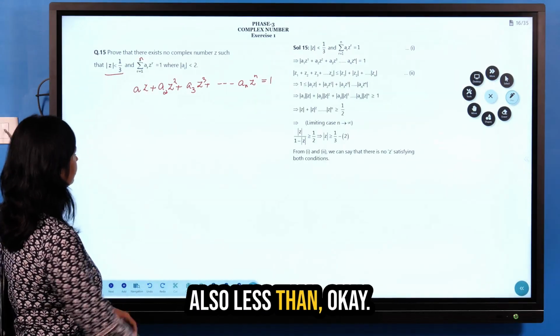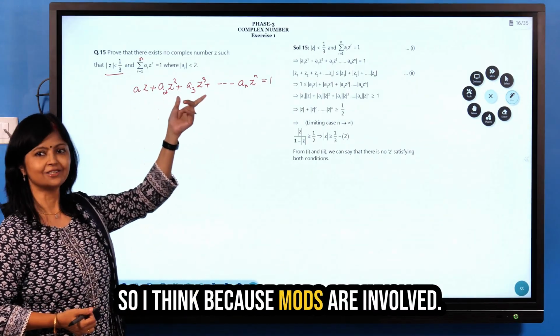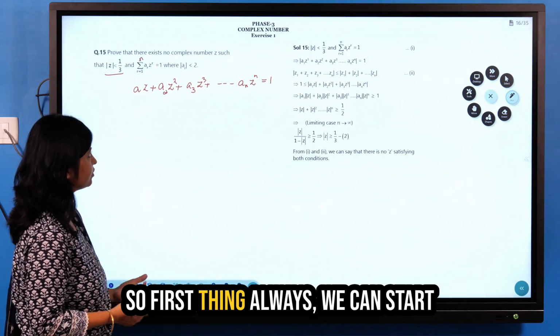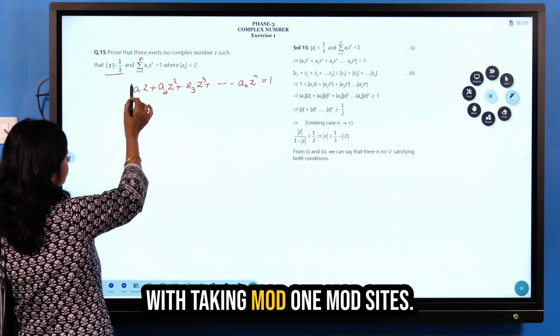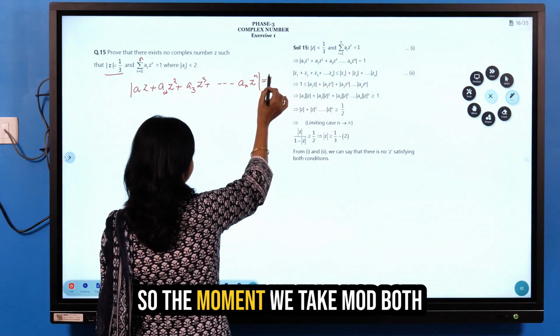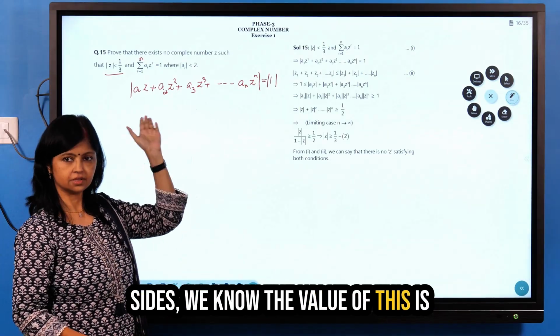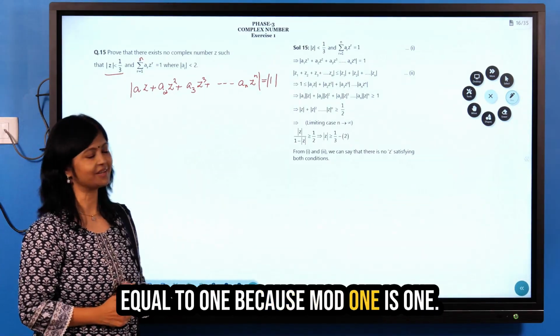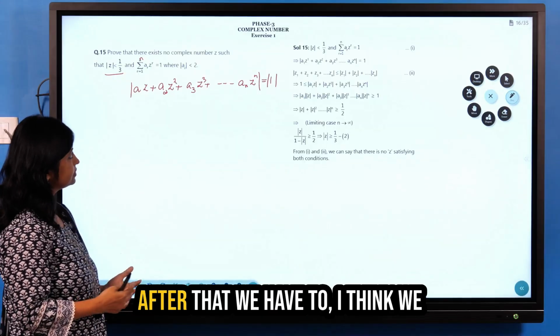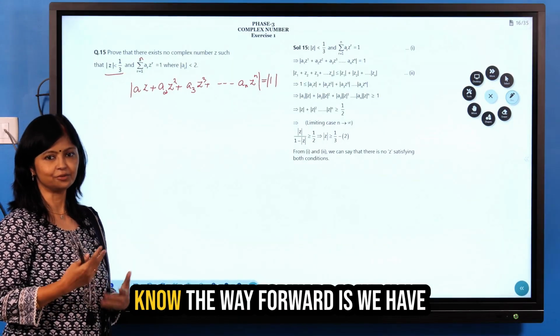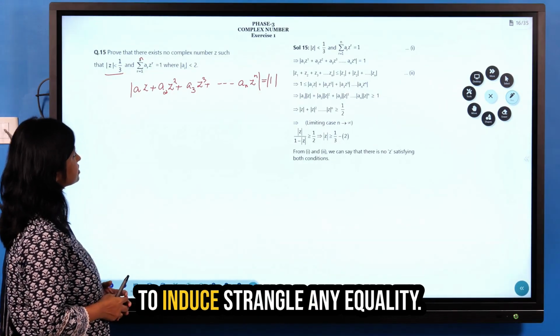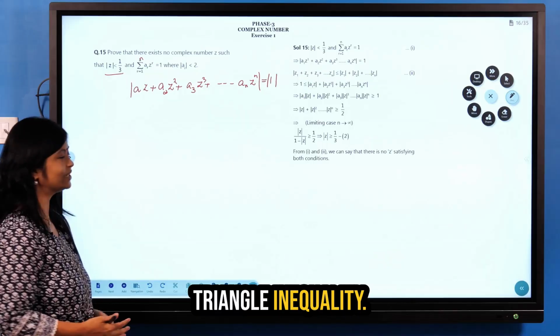Because mods are involved, the first thing we can always do is take mod both sides. The value on the right is equal to 1 because mod 1 is 1. After that, we know the way forward is to use the triangle inequality.